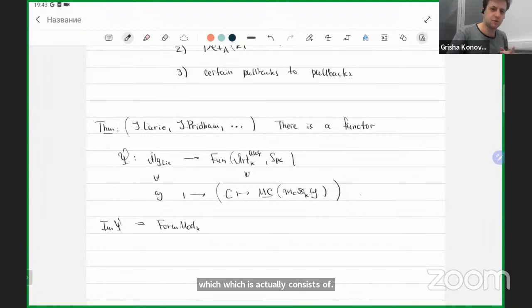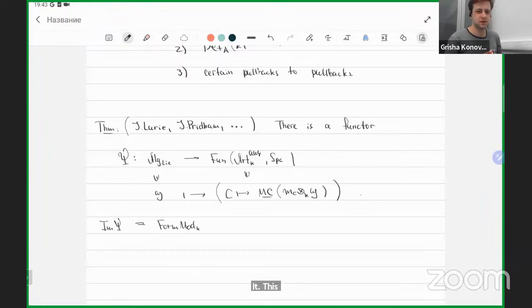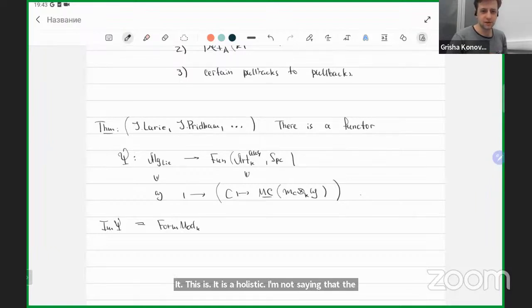And the other remark is that the formula of C mapping to the space of Maurer-Cartan elements of G tensor C is a heuristic. I'm not saying that it has to be a well-defined space.